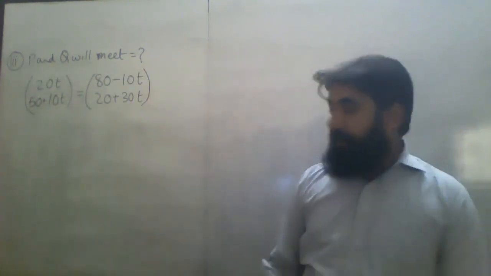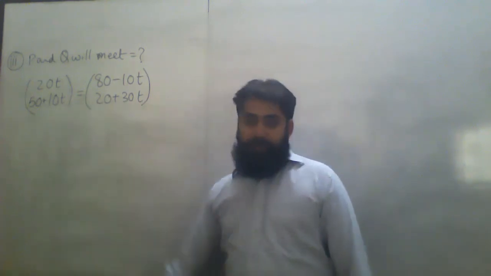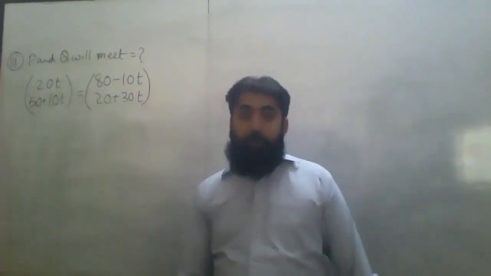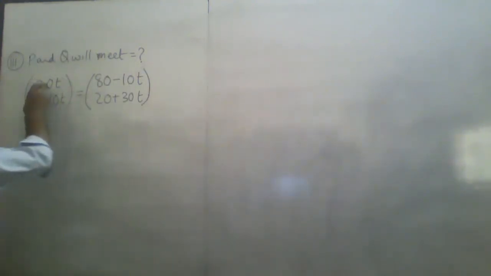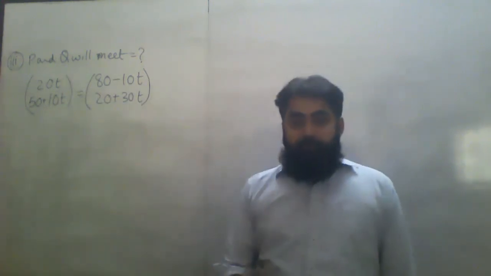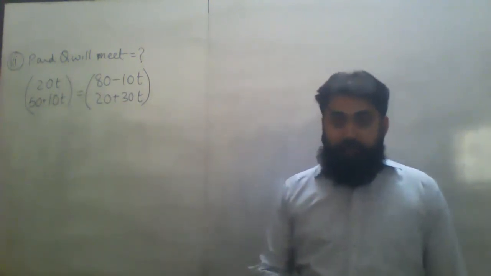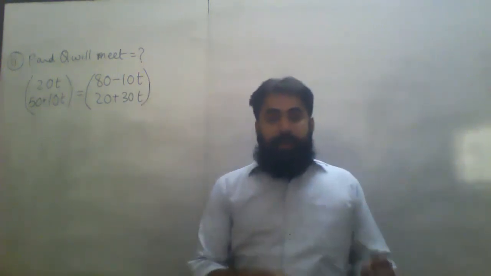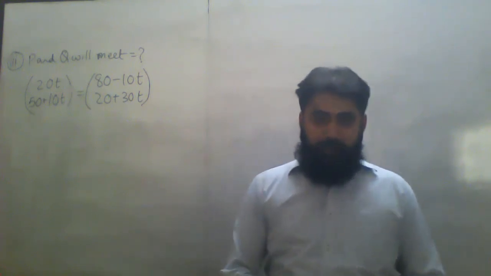Now if they are going to meet, these two should be the same. So I will compare first element with first element and second element with second element, and I will try to get the value of t from both of them. If I get the same value of t from both components, it means that P and Q are going to meet.